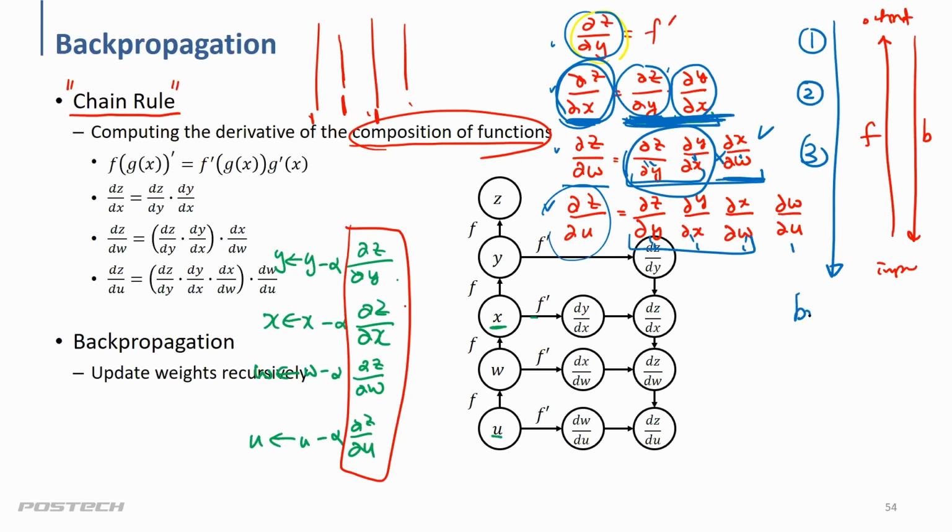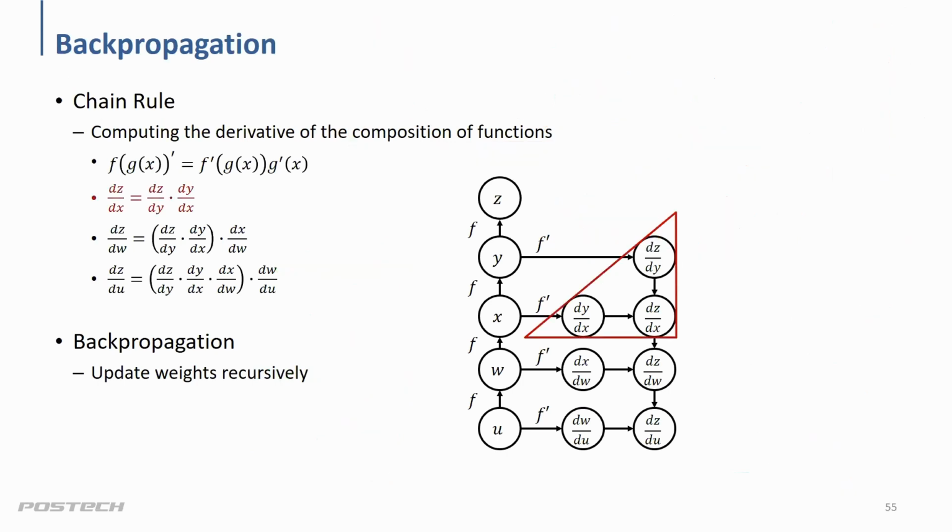So in backward, it's memorized recursive, which is DP, and we call it back propagation. Backprop in artificial neural nets. So I'm doing it that way.